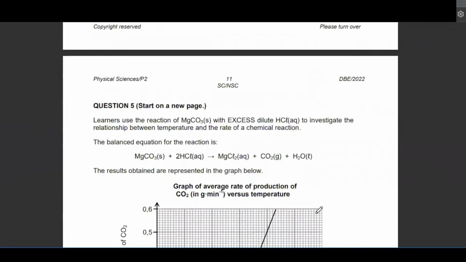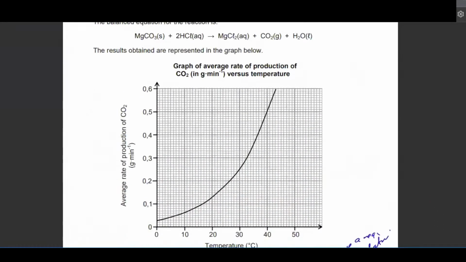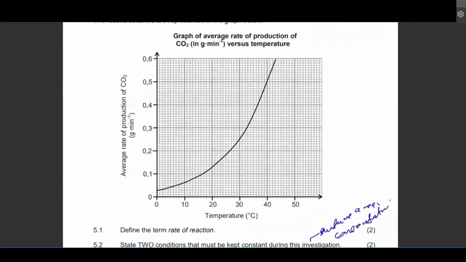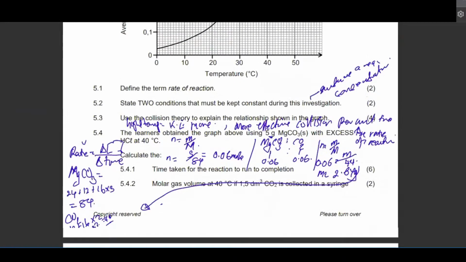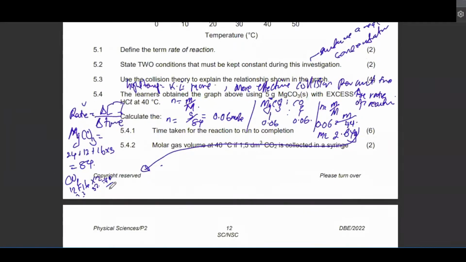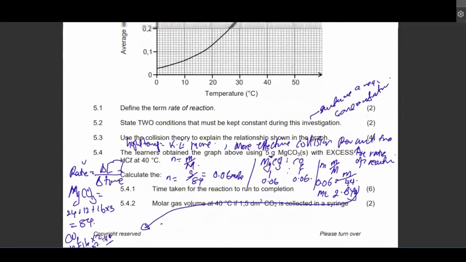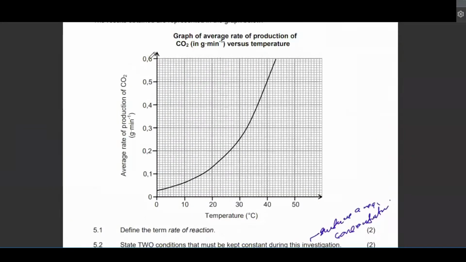And then this one, it does not reach 6. So it's 4. So basically it's 6 minus 0.06 minus 0.003. So when you subtract, you have to subtract this minus this, because it didn't start from 0.